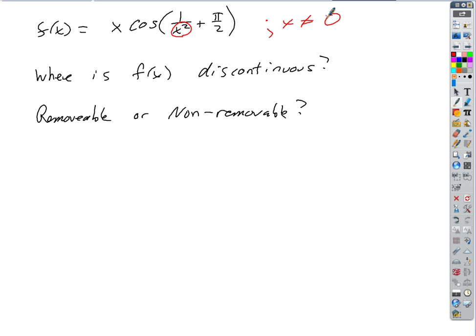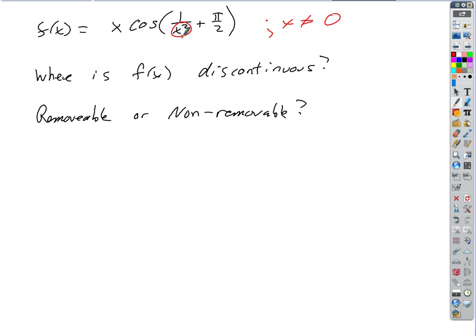Okay, so the output of cosine, if that x were not there, this would be a non-removable discontinuity, right? Everybody see that? Because think about what would be happening to cosine. Actually, no, it wouldn't.